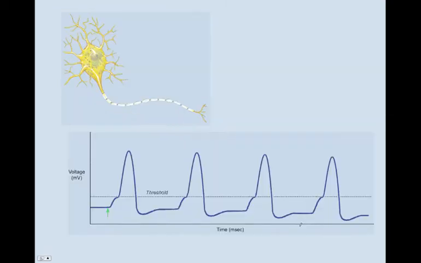So we fire these action potentials at each of these nodes of Ranvier, and once we've started those at the axon hillock, they fire at each node of Ranvier, and we see that exact same action potential graph in terms of millivolts representing sodium in and potassium out, and then our restabilization of resting membrane potential.